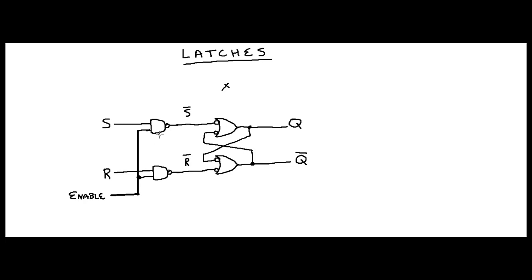Well, first off, look at each one of these gates you have here for the set and for the reset. Those are NAND gates, right? And if you remember your AND gate, you have inputs, let's call them A, B, and Y. If we want to draw this quickly, you can pause the video and do this.